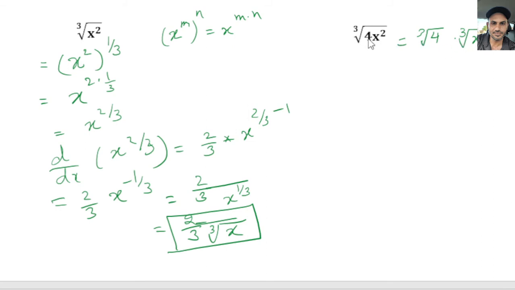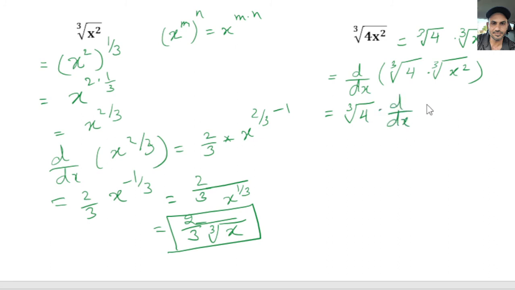So now here we can go ahead and take the derivative of this. We have cube root of 4 times cube root of x squared. And now we take this cube root of 4 times d over dx, and we have x squared and the cube root of that left inside.